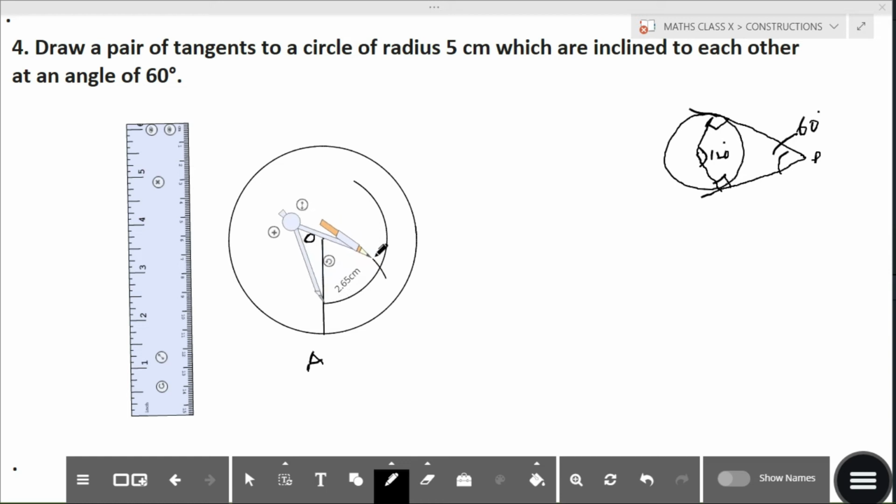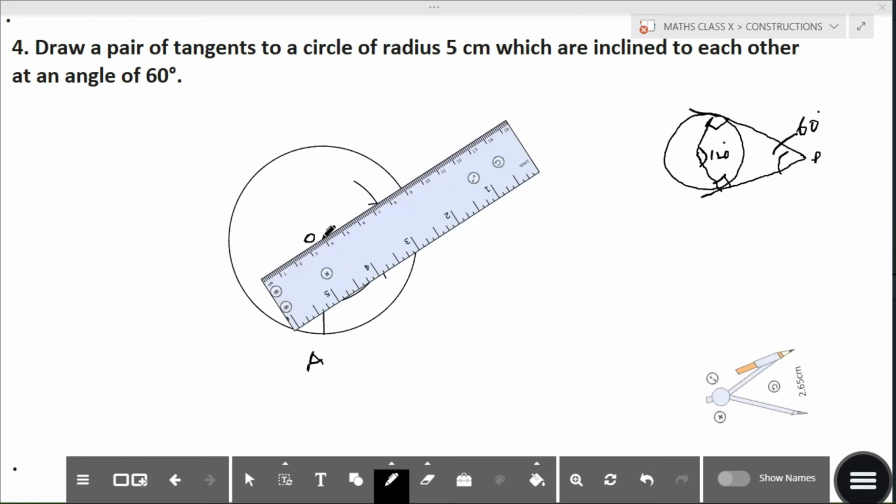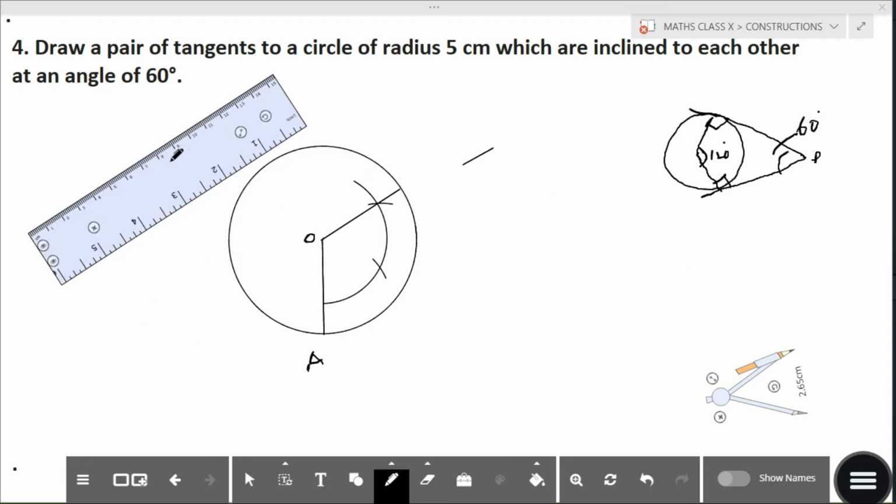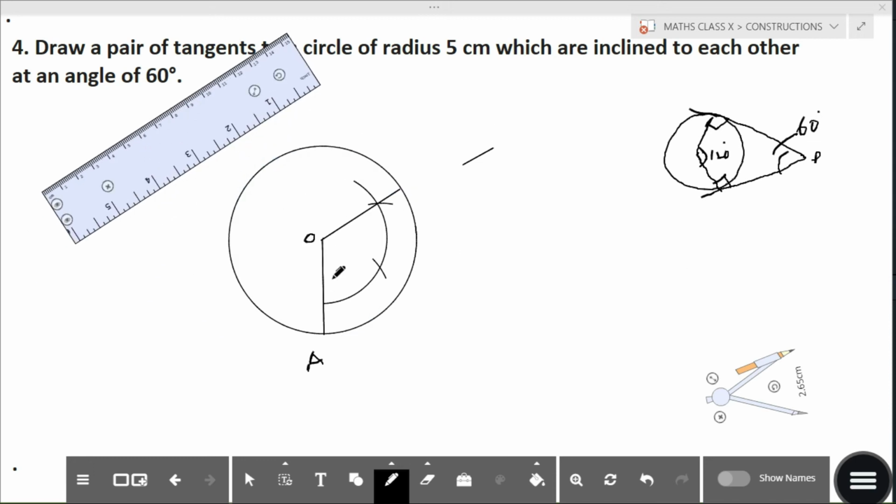So this arc will give you 60 degrees. Again put your pointer at this place to cut another arc. So from here to here is 60 degrees, here to here 60 degrees. Joining these gives the 120 degree angle. So this angle is your 120 degrees.